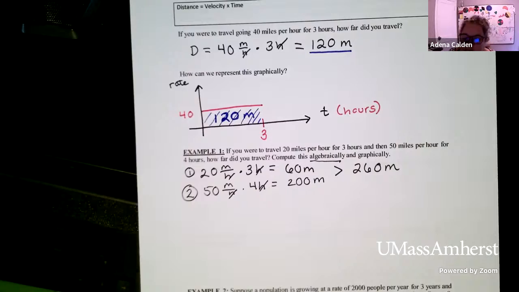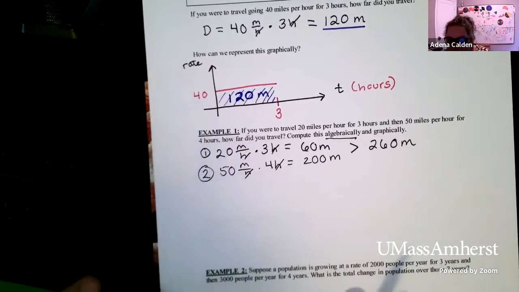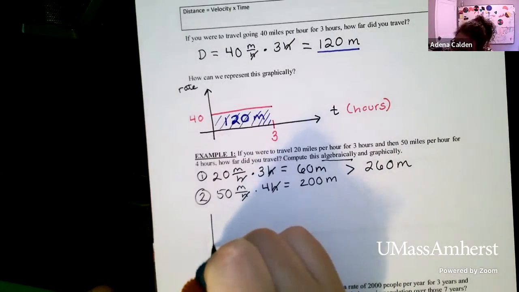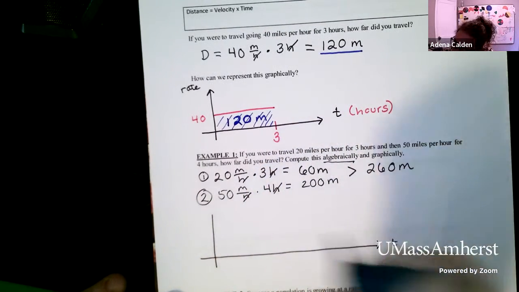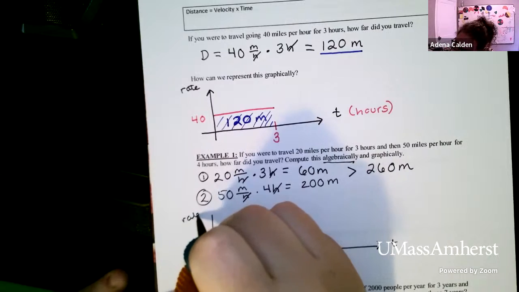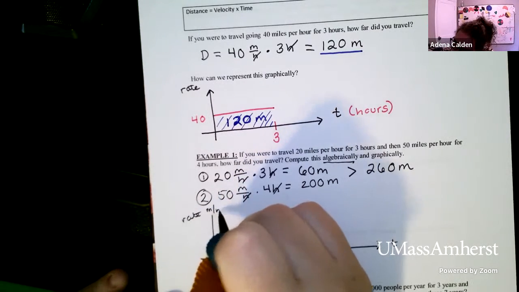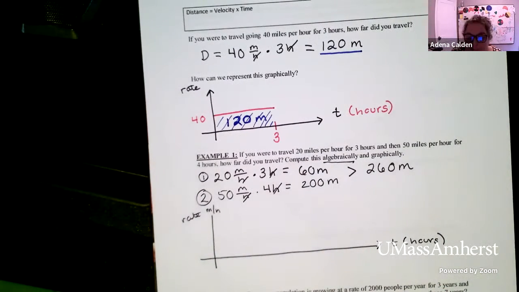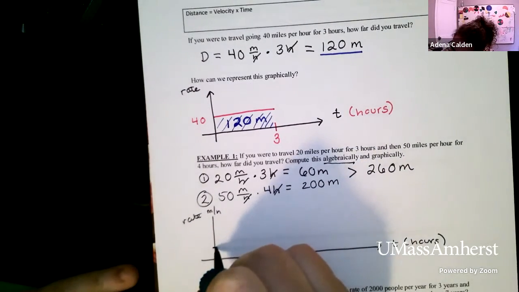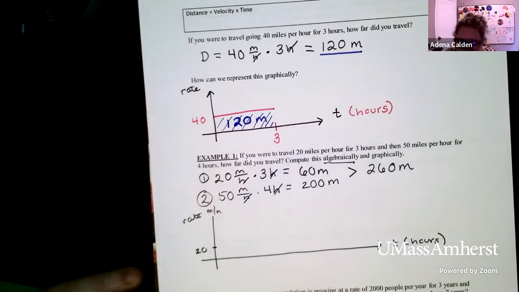How do we translate this into a graph, right? How do we draw a picture of what's happening here? So again, we're going to have rate versus time. Our rate is in miles per hour. Our time is in hours. So for the first leg of the trip, we're going 20 miles an hour. So let's throw a 20 on here. So say 20 is here.